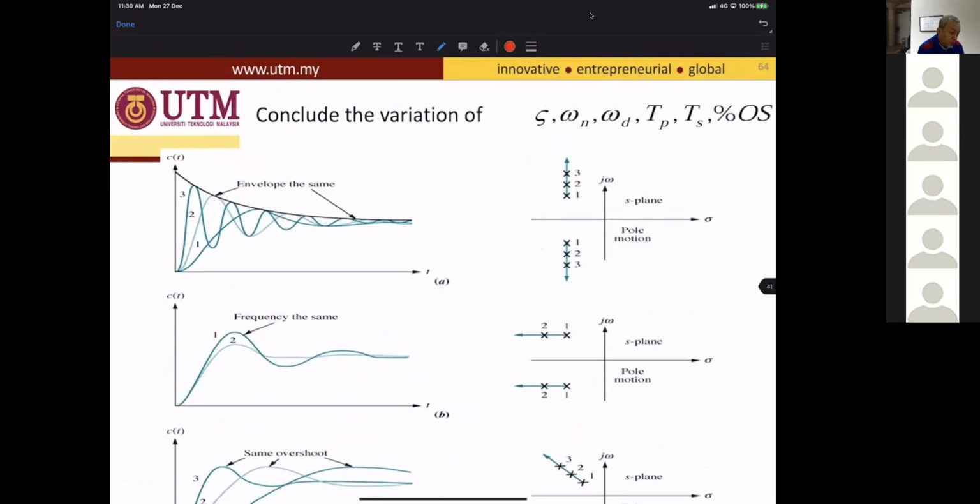If you have complex conjugate poles 1, 2, and 3 towards the upper side of the S-plane, going up and going down, the response shape is shown in this figure A. And you can see that the common factor between these three pairs of complex conjugate pole variations will give you the same envelope of the exponentials.